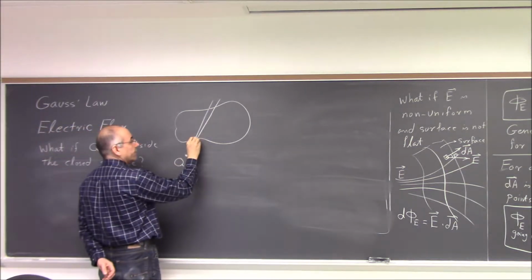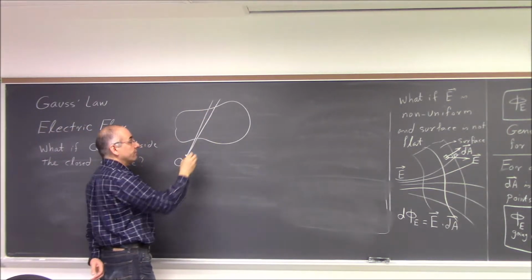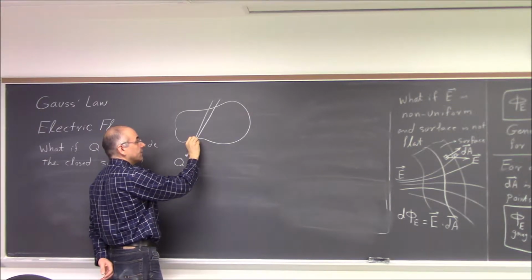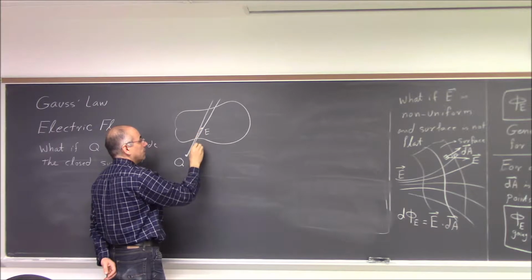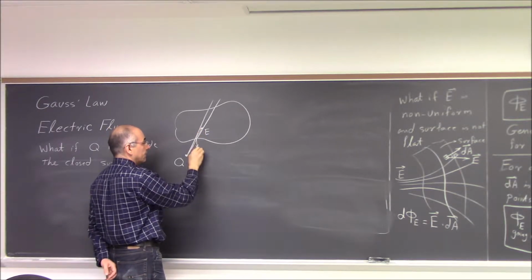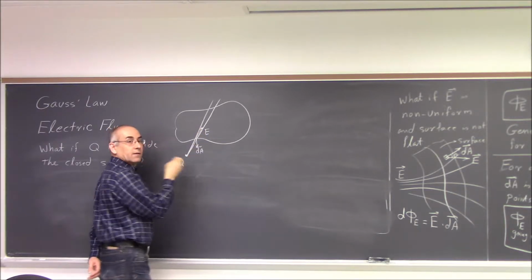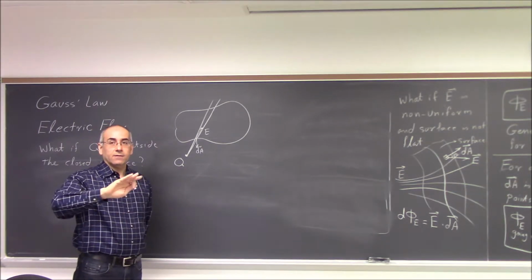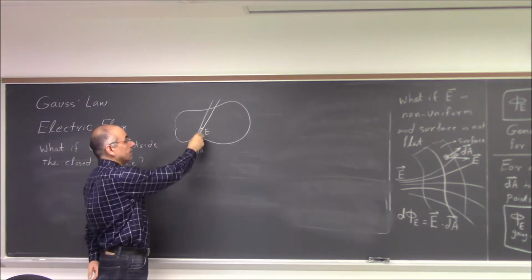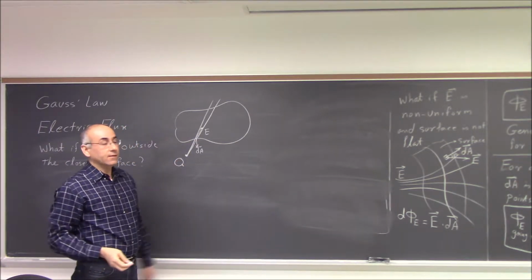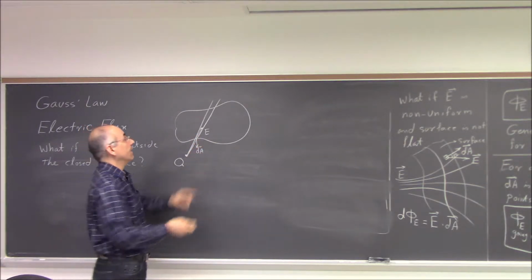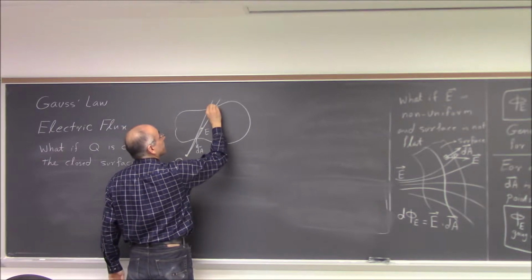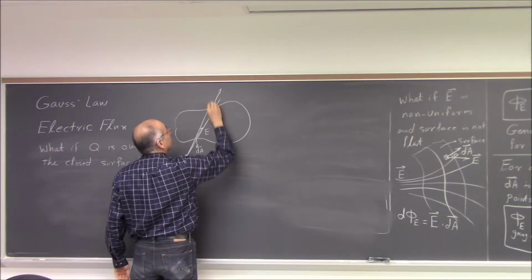The flux going through this and this have the same magnitude, but one is, you see the electric field here is this way, E, and dA is this way. E and dA are at more than a 90-degree angle, and this flux is negative, right? And on this side, the electric field is this way, and the dA is that way.